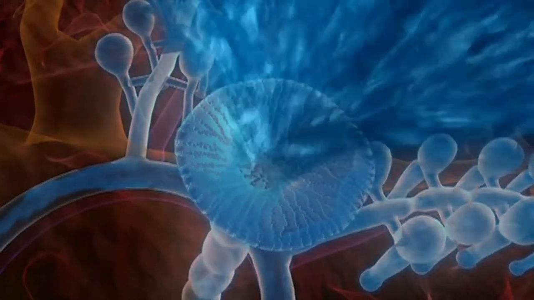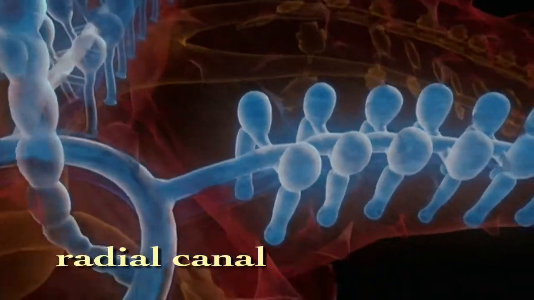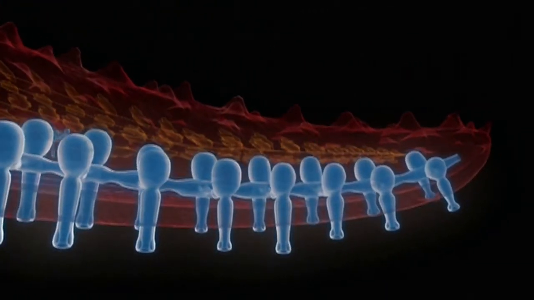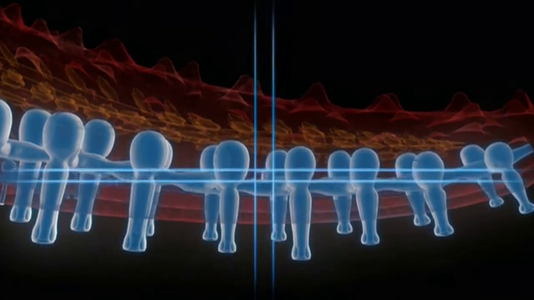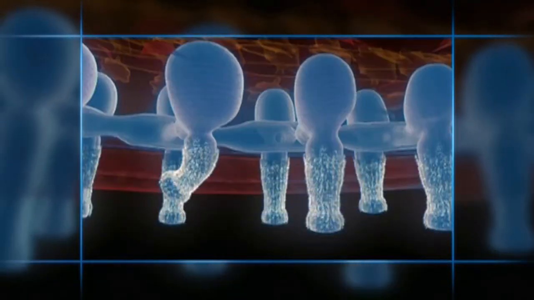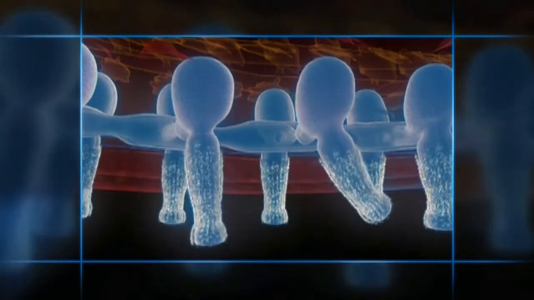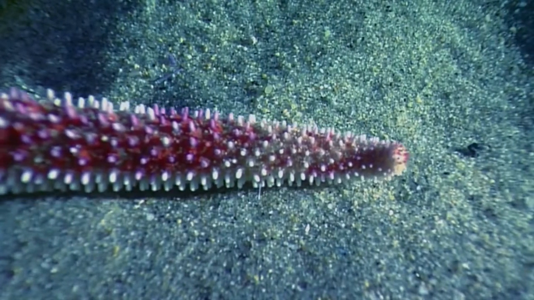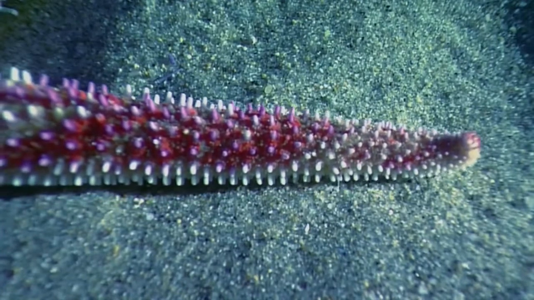The water fills the 5 radial canals which run down the length of the arms, forming a hydraulic system. The water is stored in little muscular bulbs. When a bulb contracts, it forces water into the elastic tube foot, extending it. Muscles on the foot swing it in the direction the sea star wants to move. Sea stars can move equally well in any direction, but they must coordinate the movement of thousands of feet. Used together, they have incredible strength.